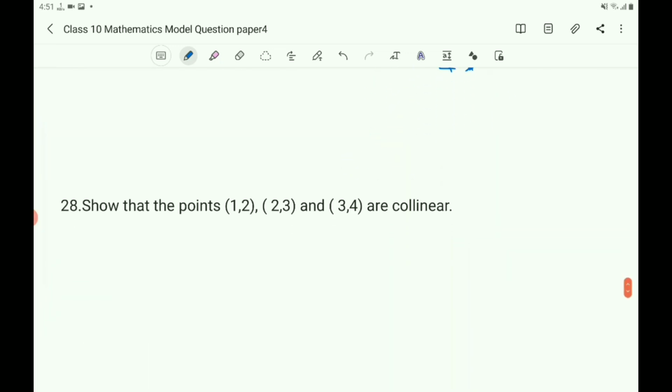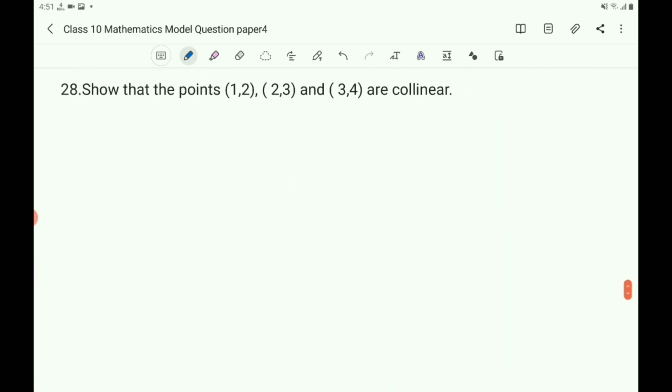Now let us go to the next question, 28th question. Show that the points (1, 2), (2, 3) and (3, 4) are collinear. Here, to show that these 3 points are collinear, we have to use the formula to find the area of the triangle. If these 3 points are collinear, the area of the triangle becomes 0.